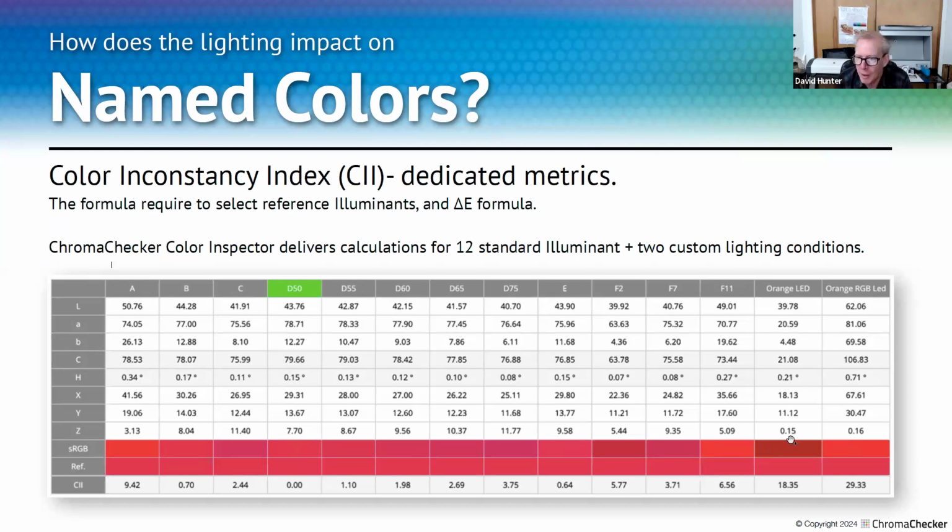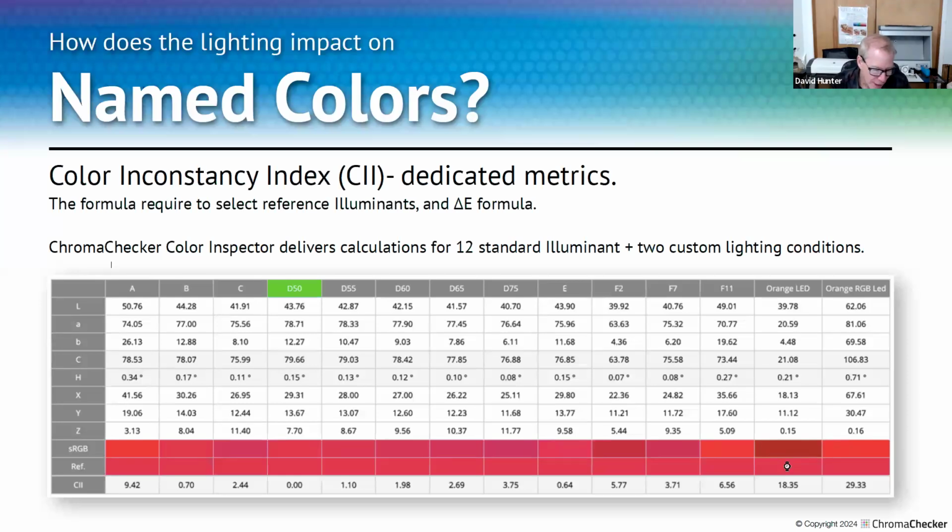But if I go all the way down to the right here, these last two columns are allowed for custom illuminance, like a Home Depot orange LED light. Well, this red under Home Depot LED light's going to change by 18 delta E. Are you kidding me? In fact, we give you a simulation of what that difference is going to be.